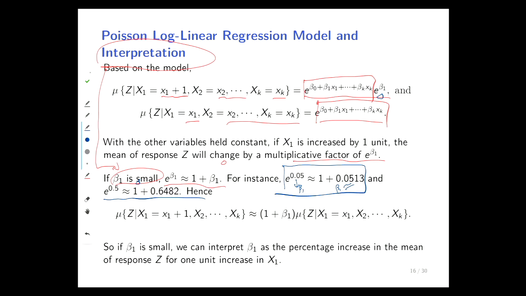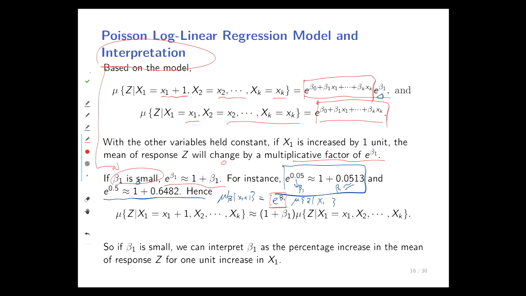Originally we should have mu z given x1 plus 1 equals the exponential of beta 1 times mu z given x1. So that's our original situation. The difference is this multiplicative factor.